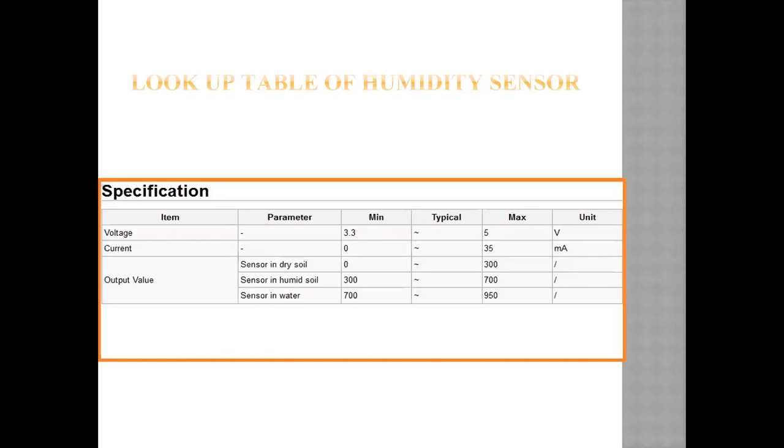Current is 35 milliamperes, and the output value for dry soil will be 300. Sensor in humid soil is 700. Sensor in water is 950. Like that, I am able to get the output value depending upon dry soil, humid soil, or the presence of water. Water means the moisture content at the point.